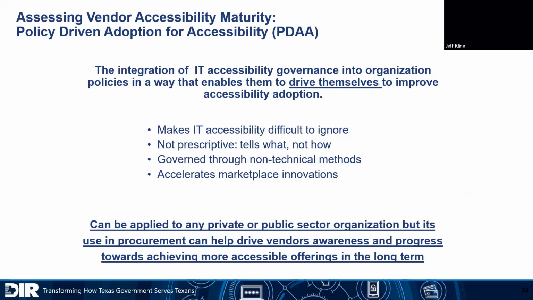And it's the integration of governance as opposed to technical criteria into an organization that helps enable them to drive themselves to improve accessibility over time. It can be applied to any public or private sector organization, but it's really handy to use in procurement because it helps drive vendor awareness and helps them progress towards achieving more accessible offerings in the long term.